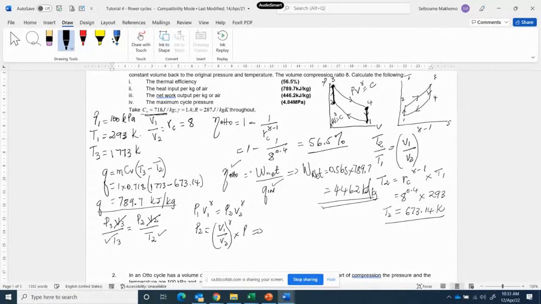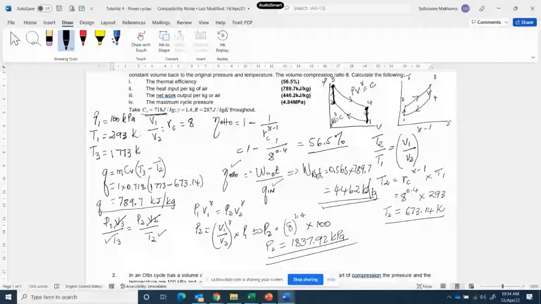P2 is equal to 8 to the power 1.4 multiplied by P1. P1 is 100. And the answer here, P2, is 1837.92 kPa. That is P2.